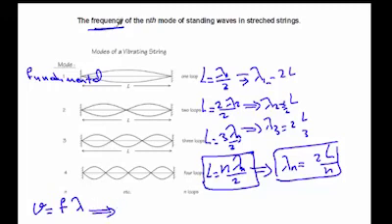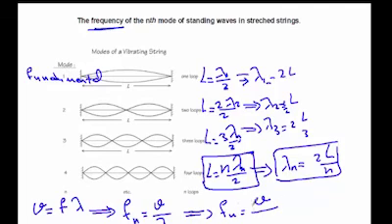So to come out with an expression for frequency, the frequency for any mode of vibration equals v over lambda. Substituting lambda from here, we get that Fn equals n V over 2L.